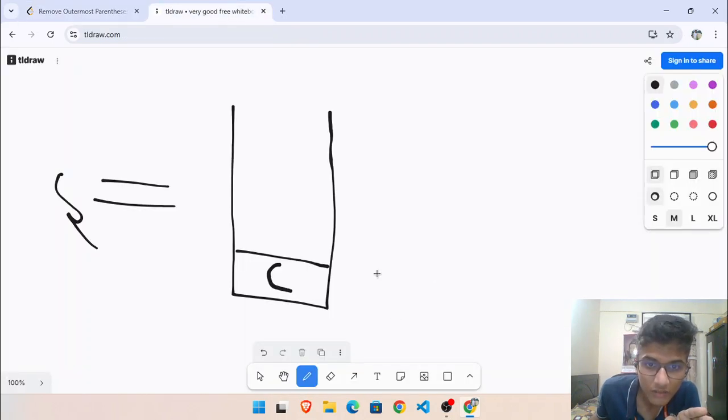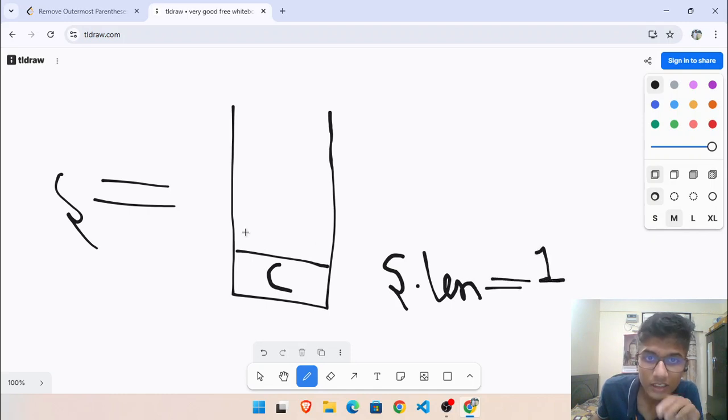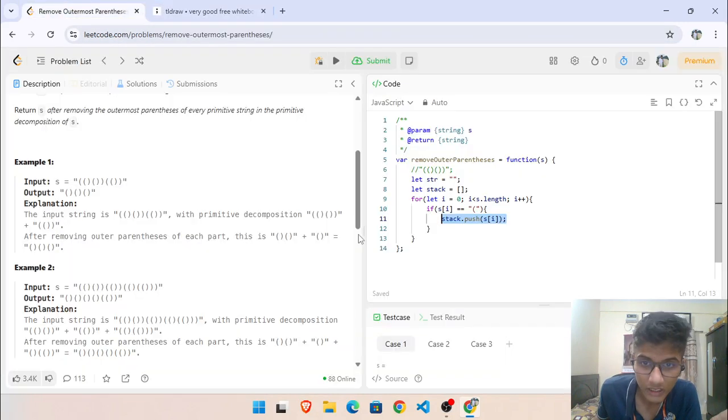My stack dot length is 1. See, now my stack dot length is 1. So when my stack dot length is 1, I don't need to push it into my string.